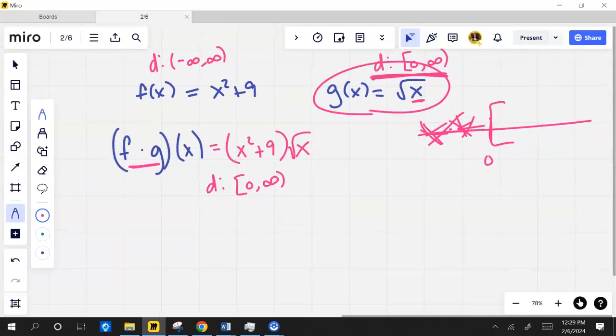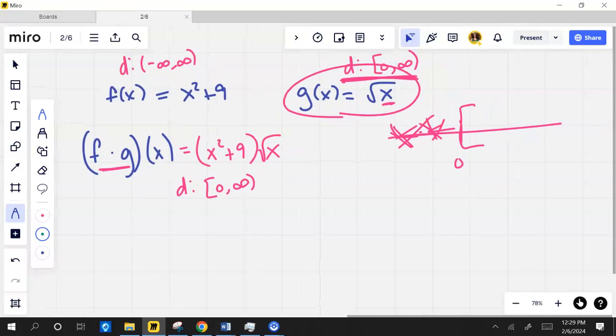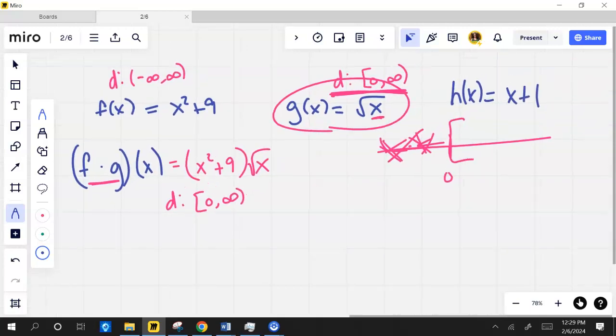Okay, yes and no, because what if I made this? Let me add another, let's say h of x. What's the domain of that one? It's just a line.